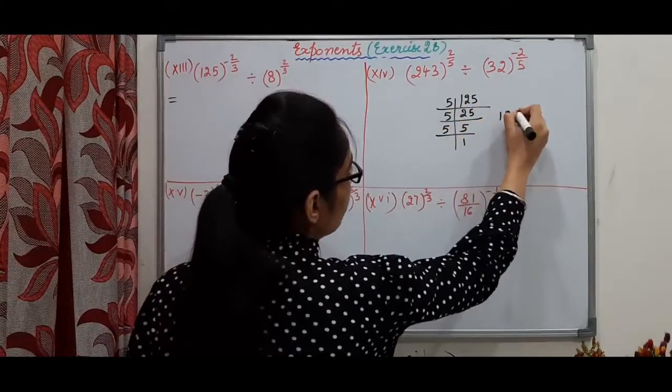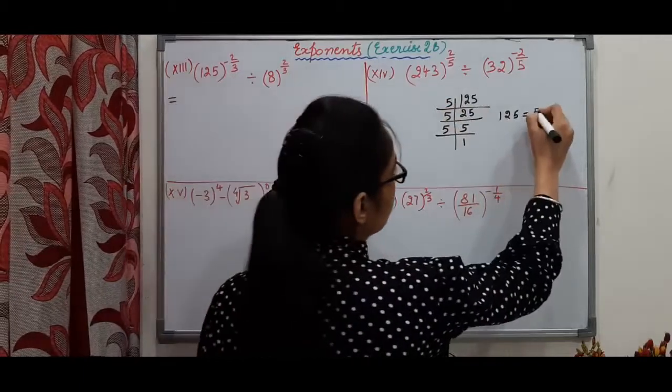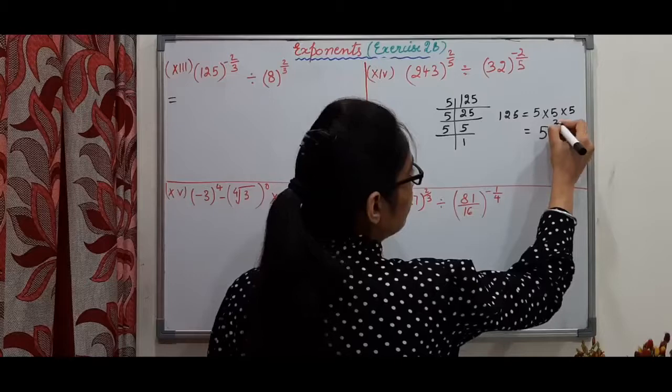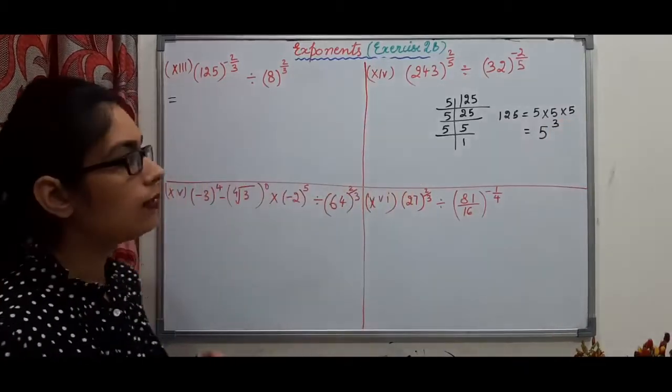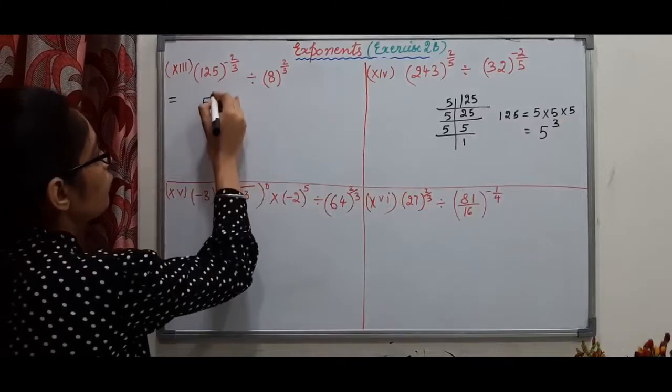So here 5 is getting multiplied to itself 3 times, 5 into 5 into 5. So I can write 125 as 5 to the power 3.